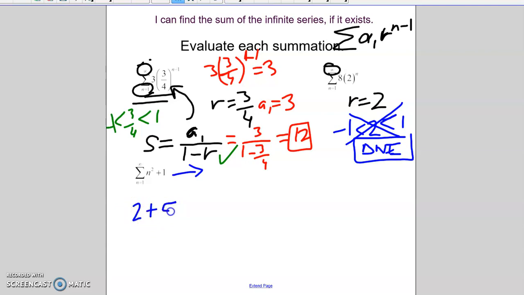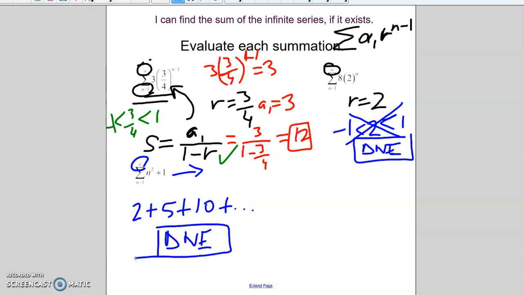So this is 2, plus 5, 3 squared, 9 plus 1 is 10. And you'll notice that the numbers just keep getting larger and larger. So as this thing goes towards infinity, the limit does not exist. It's going to be larger and larger, and it's going to be a divergent series.